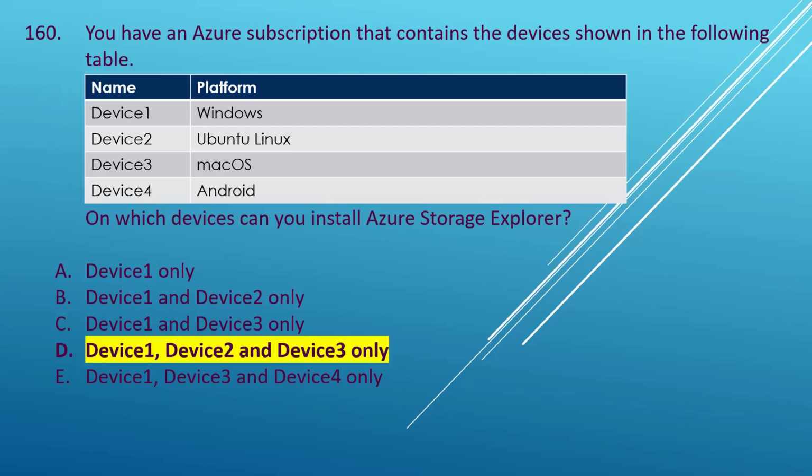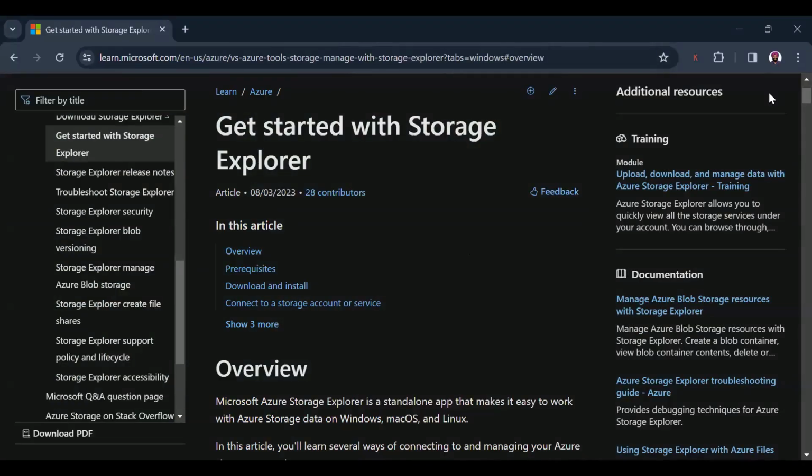And folks, the correct answer here is option D, device 1, 2, and 3 only. To understand why we have chosen this option, let's head to the Microsoft official documentation. Folks, this is the official Microsoft documentation page to get started with Storage Explorer.